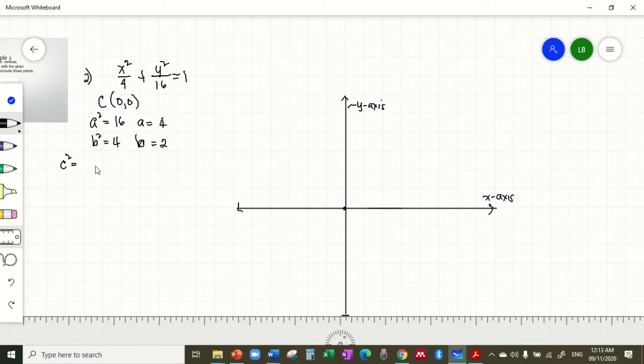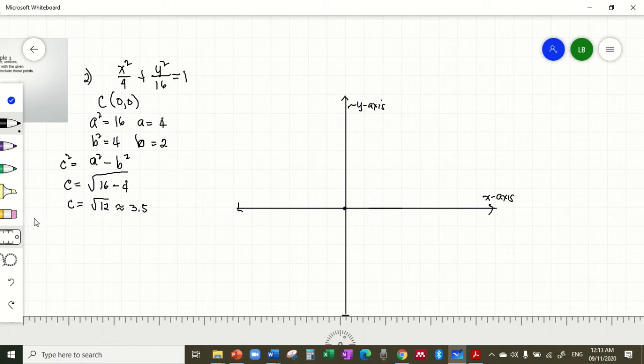Then, c squared equals a squared minus b squared. So, c equals square root of 16 minus 4. So, c equals square root of 12. And it is approximately 3.5.